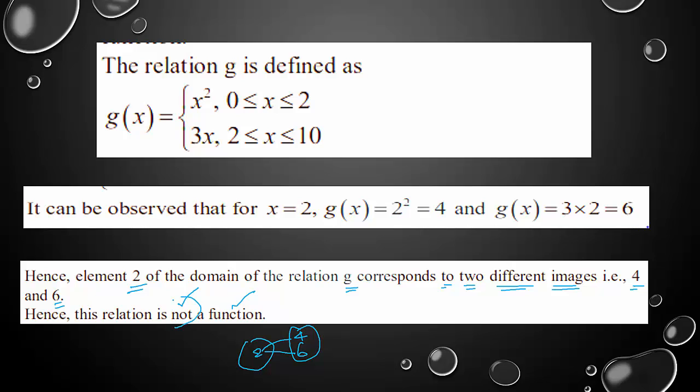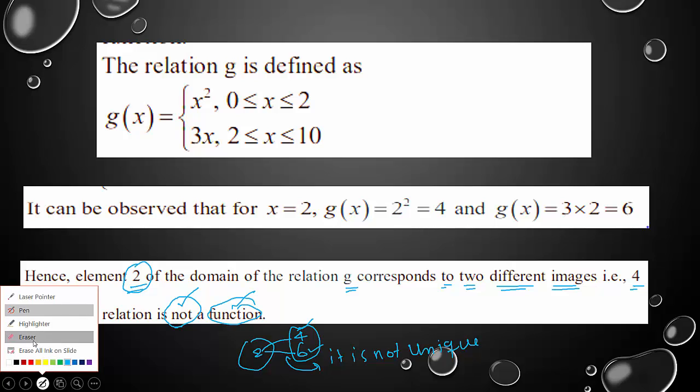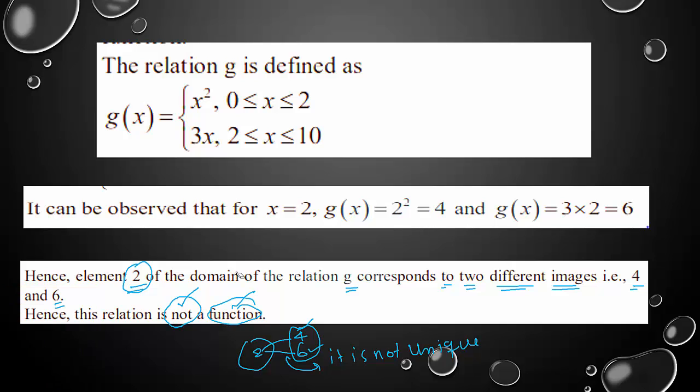Clear? Hence this relation is not a function because of this 2, it has two different images, one is 4, another one is 6. It gives that it is not unique. So from this we understand that g of x is not a function.